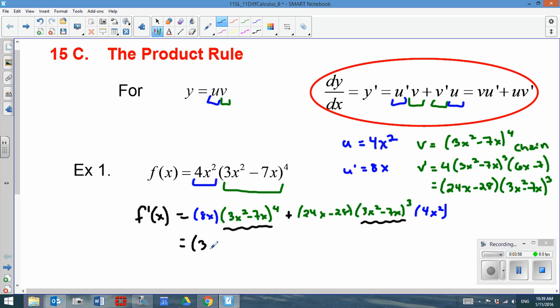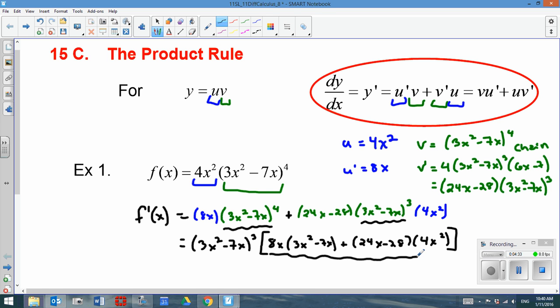So if I did that, 3x squared minus 7x I can factorize to the third power, and then I'm left with this 8x multiplied by 1 remaining 3x squared minus 7x, plus I would have the 24x minus 28. I've taken out the 3x squared minus 7x to the third power, so I have 4x squared remaining. So now I've got this long string that can be expanded and simplified.